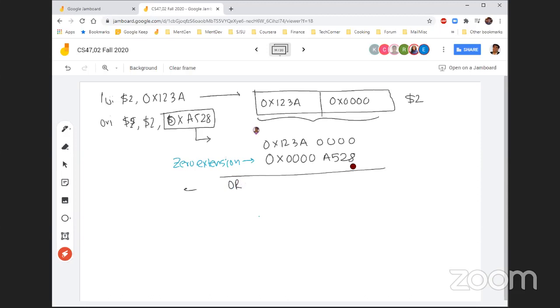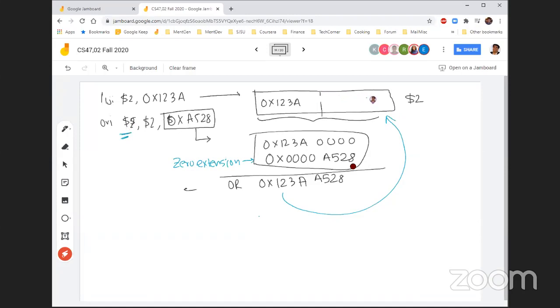I'm not expanding the bit patterns for you, but if you logically OR them, you will get 123AA528, and that will be stored back into register $2. So it looks as if we are just inserting the lower half through ORI, but in fact ORI is a 32-bit operation. Make sense, Matthew? Yes.